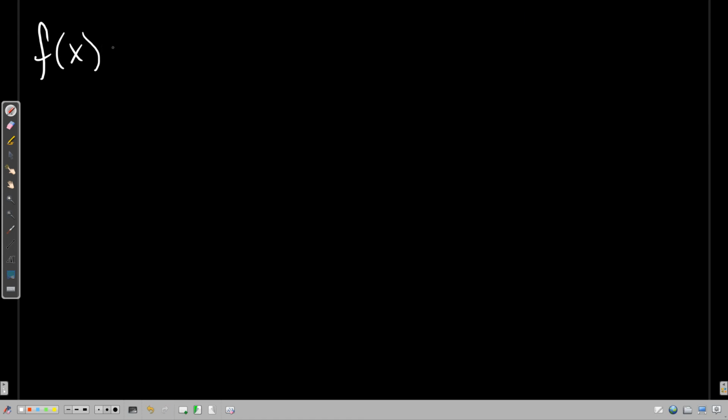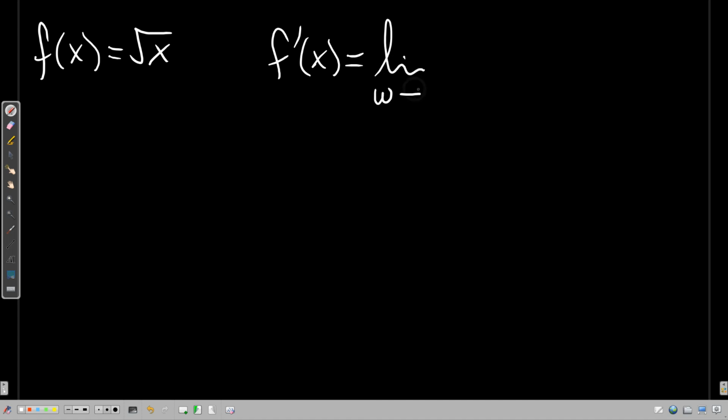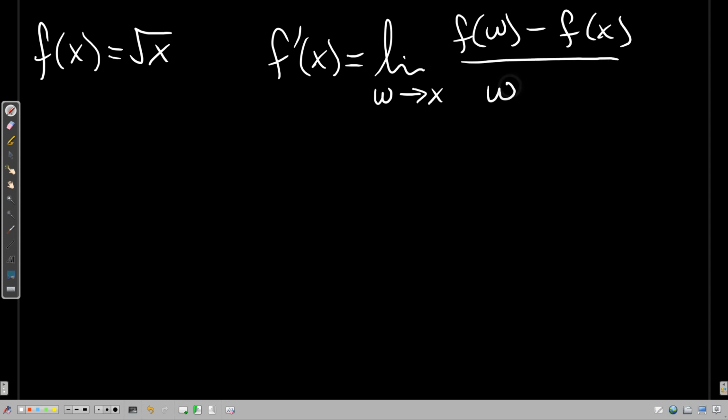It is precisely equivalent for us to say something like f prime of x is exactly equal to the limit as, let's say, w goes to x of f of w minus f of x over w minus x.